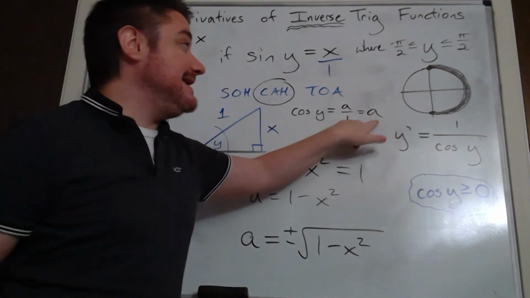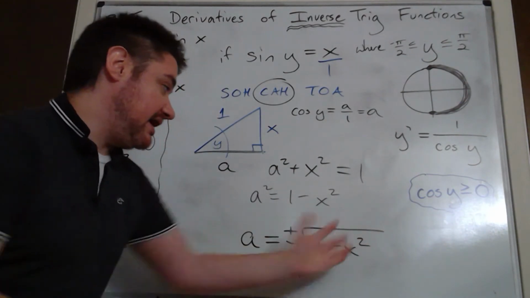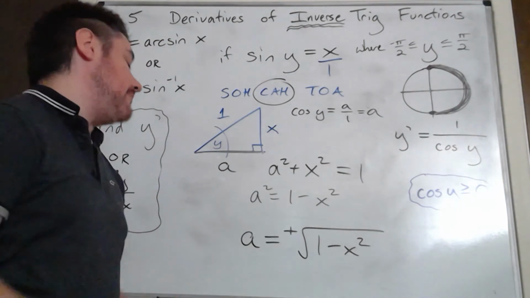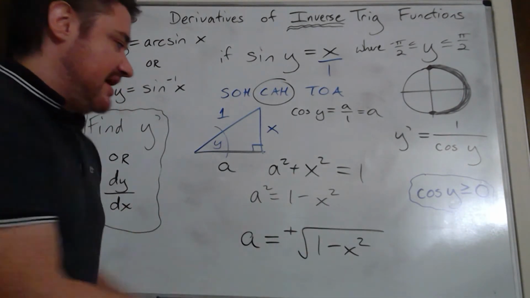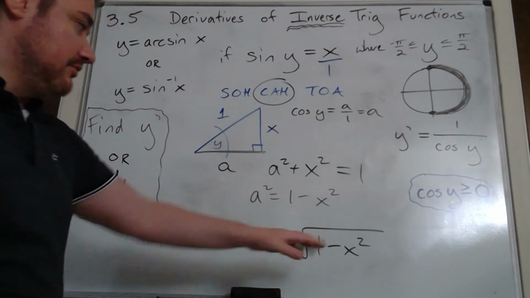So cosine of y is a. We know that cosine is not a negative number. This radical is going to produce a positive number, so we can get rid of the minus sign. A little detail to worry about, but get rid of the minus sign. And if we got rid of the minus sign, we don't really need the plus sign to show that it's positive, because square root will be positive.